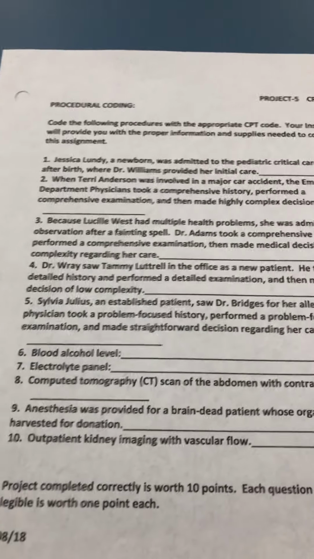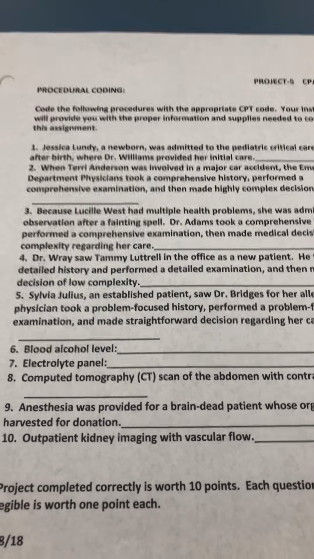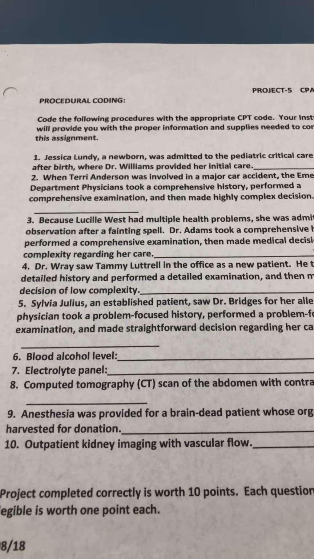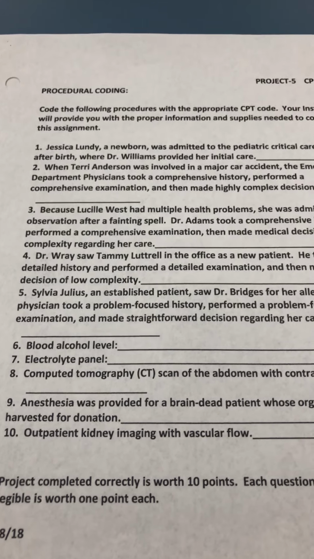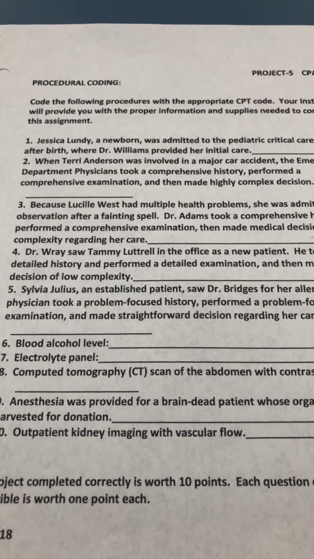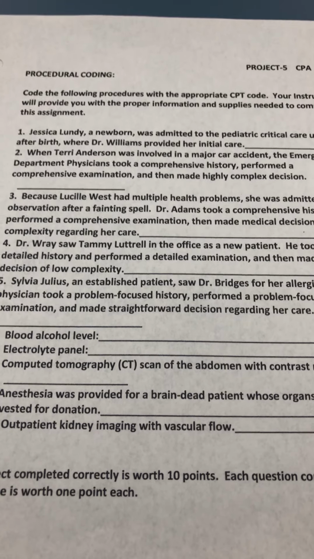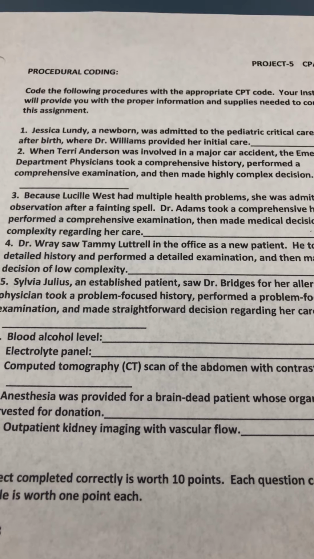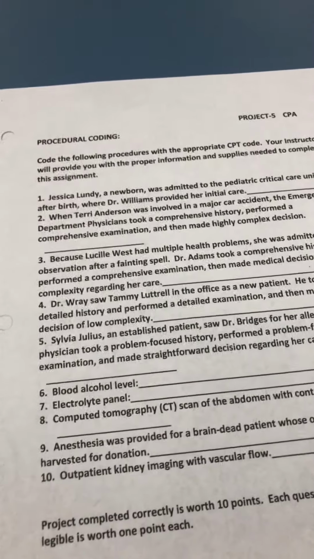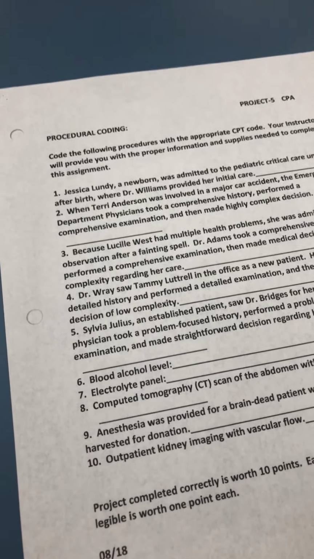We'll do number 3. Lucille West has multiple health problems, was admitted for observation for a fainting spell, took a comprehensive history, performed a comprehensive exam, and highly complex regard for her care. So we are going to be looking through.